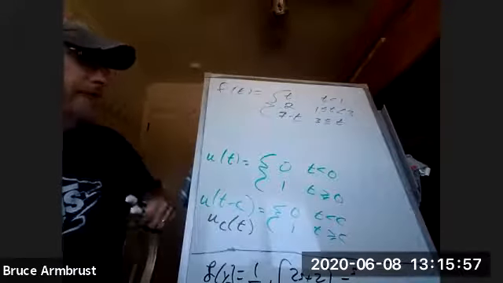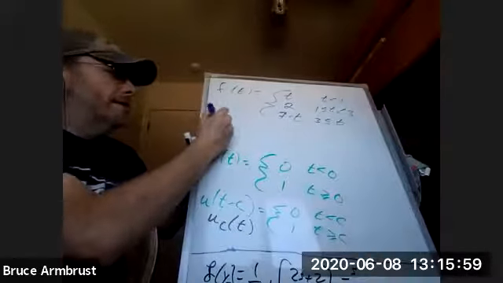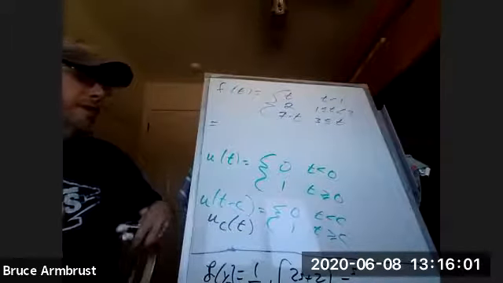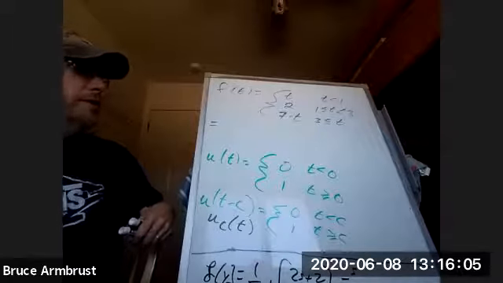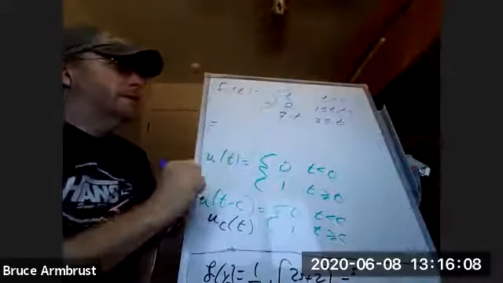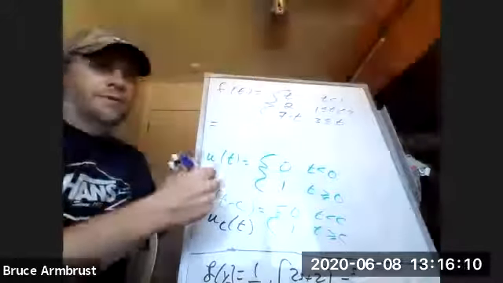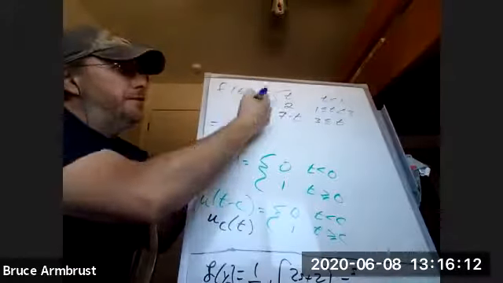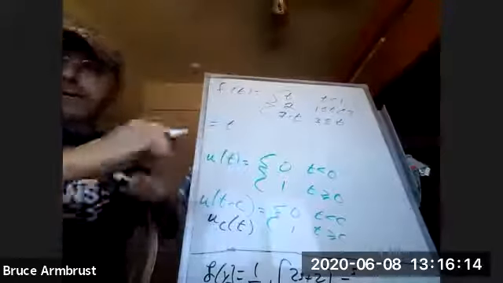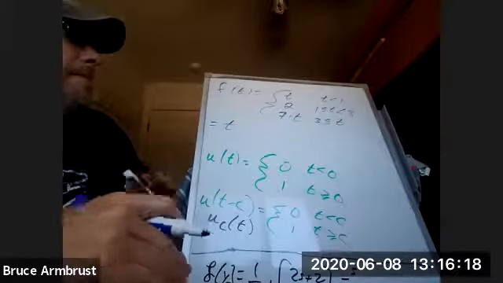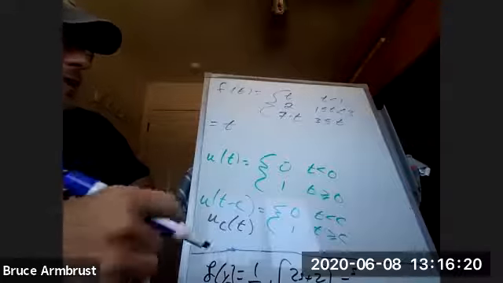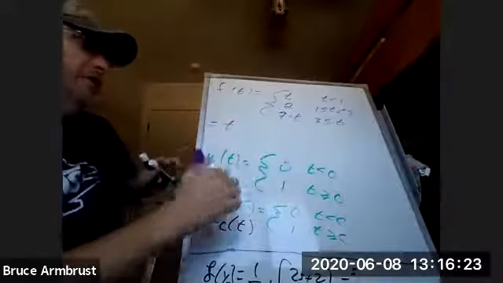Okay, so let's come back to this function, and let's talk about how we're going to write this in terms of the unit step function. Basically where you want to start is with the first rule. The first rule says we've got t, so I'm going to go ahead and just start with t. Now, it gets interesting when we get to 1, because that's when things change.